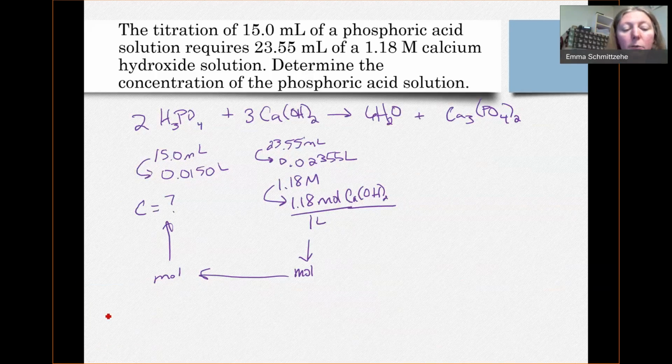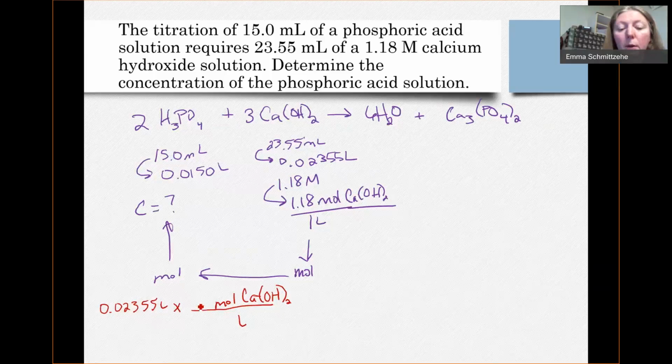So we have 0.02355 liters of calcium hydroxide solution, and we can get rid of those liters and go to moles of calcium hydroxide by multiplying by the molarity, the 1.18, because that's how many moles are in 1 liter.